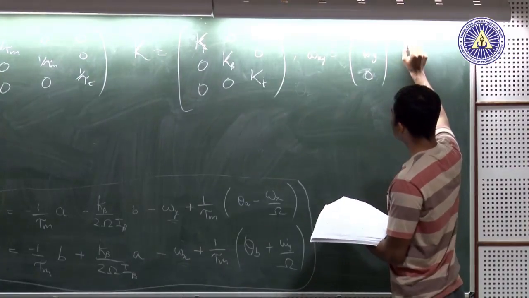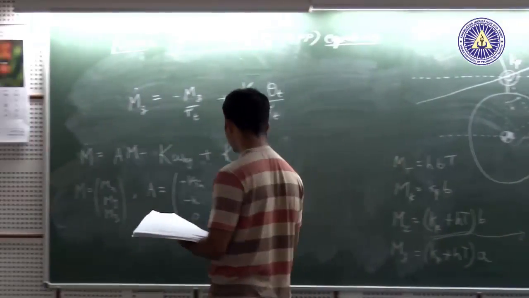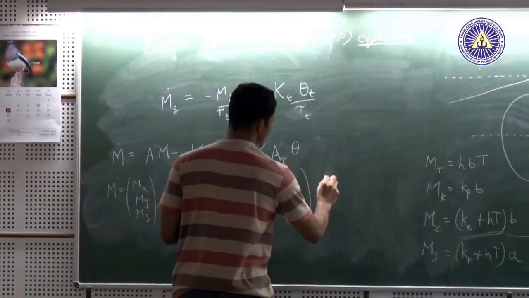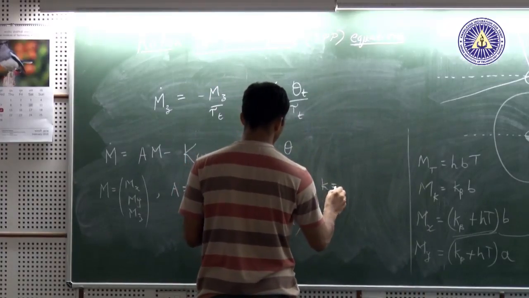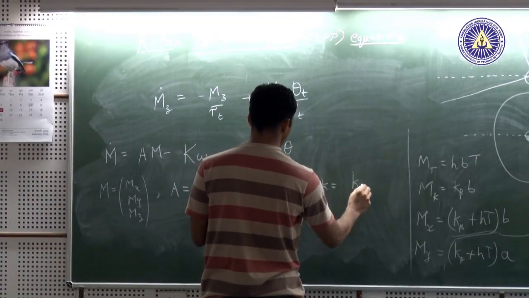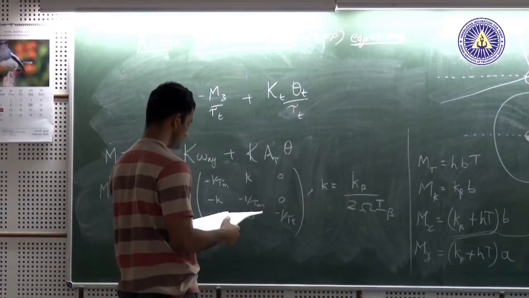And this small k is small k beta by 2 omega I beta.